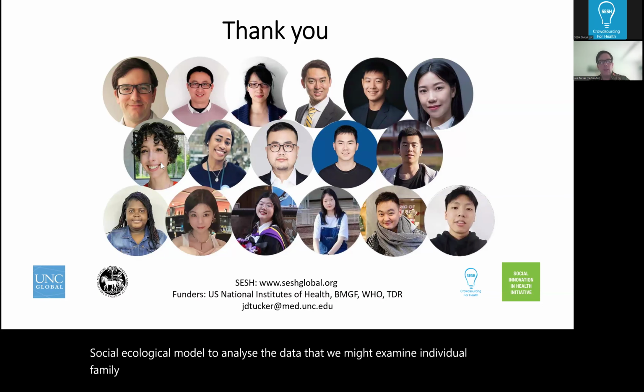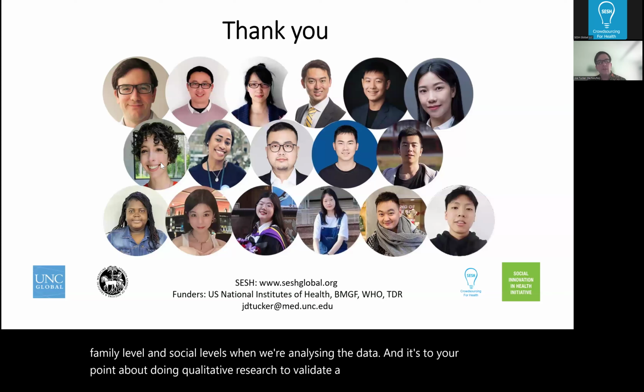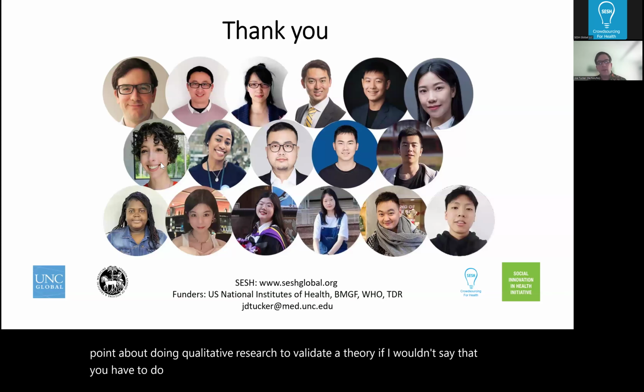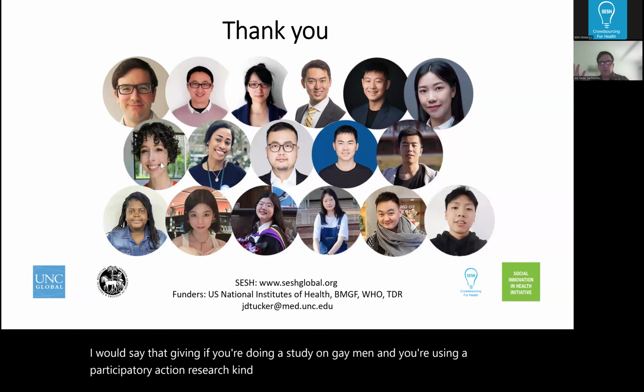And to your point about doing qualitative research to validate a theory, I wouldn't say that you have to do qualitative research to validate a theory or adapt it. I would say that if you're doing a study on gay men and you're using a participatory action research kind of theory, it might be helpful to look and see where this participatory action research has been used before in studies of gay men.